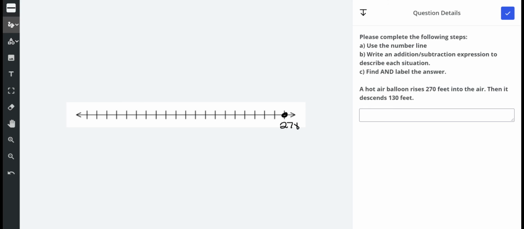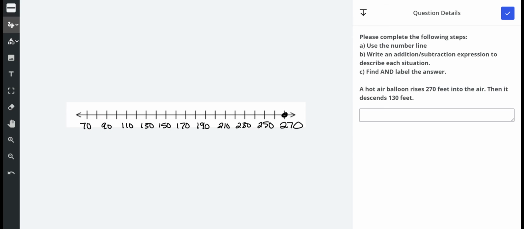So I'm going to actually make each of my markings 10, just so in that way I can make sure that I have enough space. So when I go to the left 2, that's 250. Left 2 is 230, 210, 190, 170, 150, 130, 110, 90, and 70.